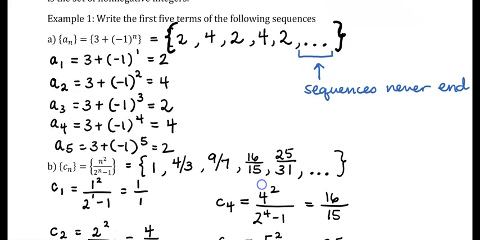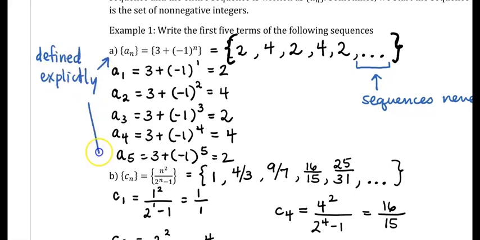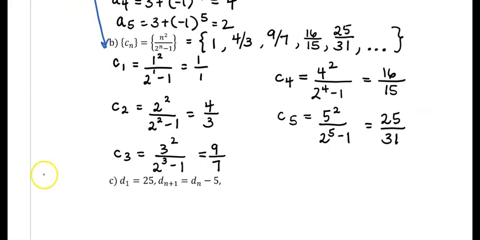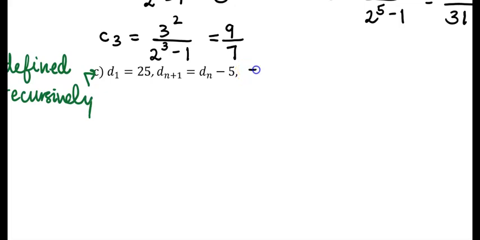Rather than being defined explicitly, example c is defined recursively. So they tell us flat out that the first term of the sequence, d1, is 25.